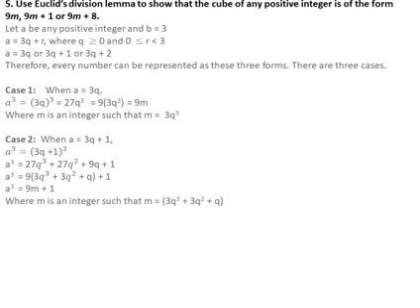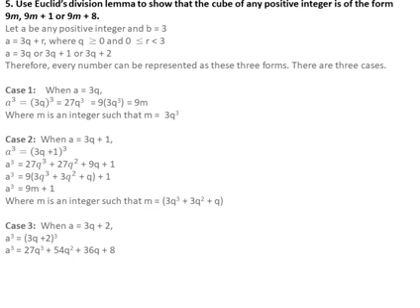Case 3. Here remainder r = 2. Therefore, a = 3q + 2. Cube on both sides. a cube = (3q + 2) whole cube. Next, we need to apply the (a + b) whole cube formula. After applying, you will get a cube = 27q cube + 54q square + 36q + 8.